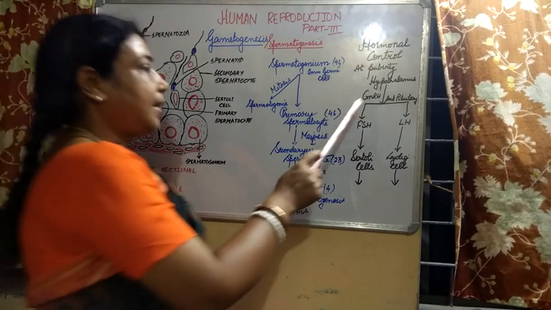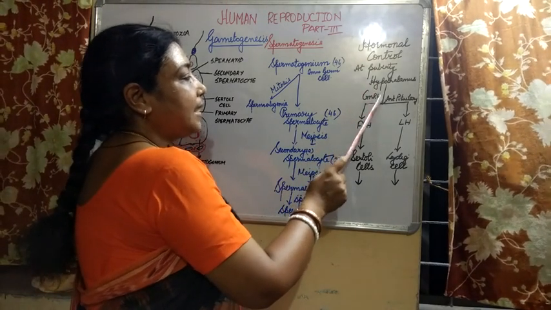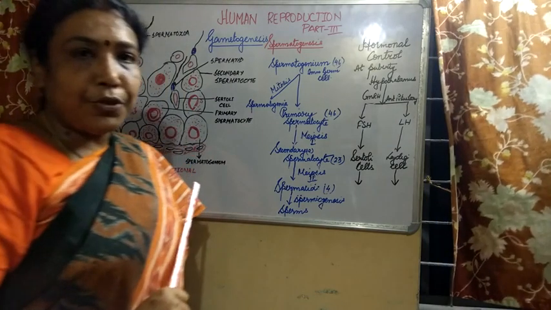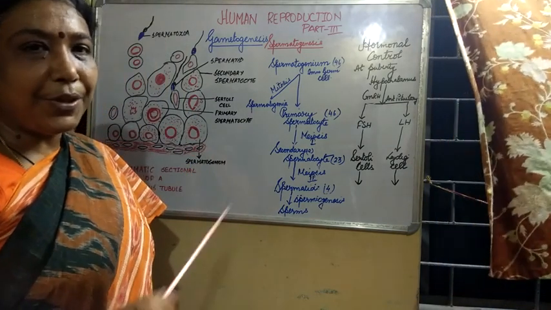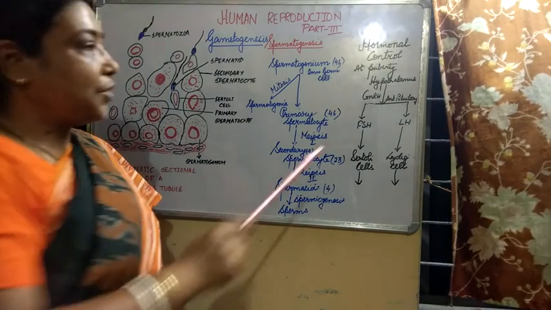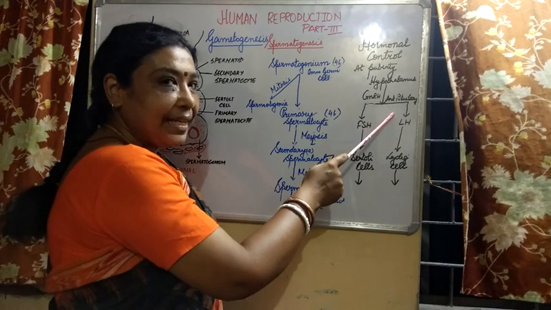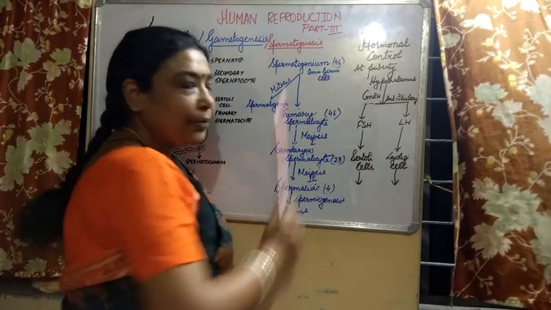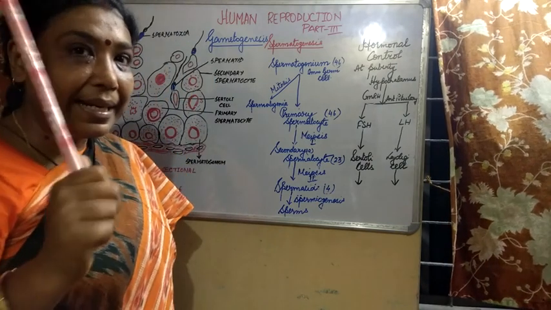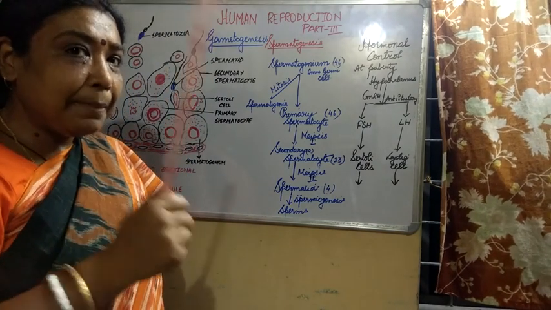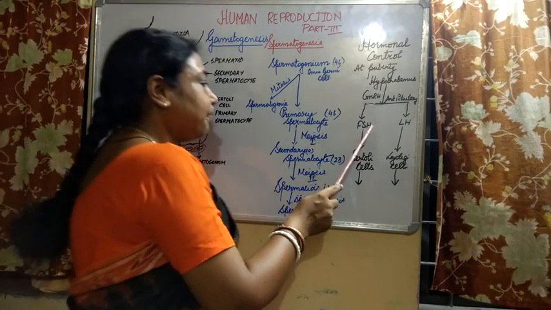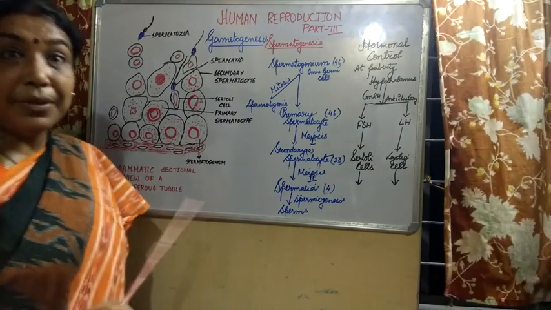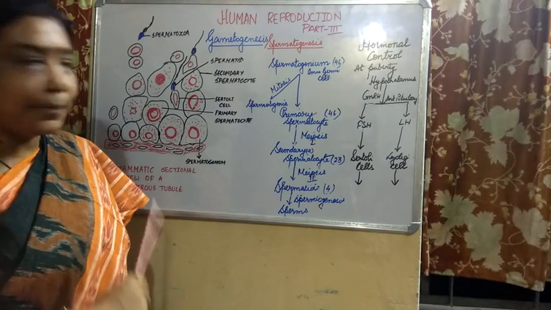Always remember that. This gonadotropin releasing hormone will act on the anterior pituitary, and the anterior pituitary in turn will release, at puberty, follicle stimulating hormone and luteinizing hormone. Anterior pituitary in males releases follicle stimulating hormone and luteinizing hormone.